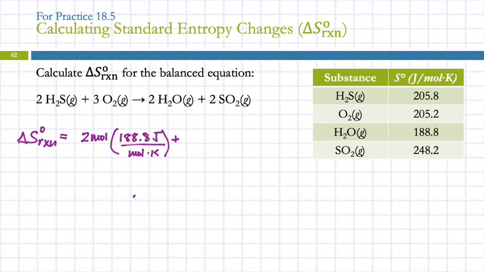And then we have 2 moles of SO2, 2 moles times 248.2 joules per mole Kelvin.